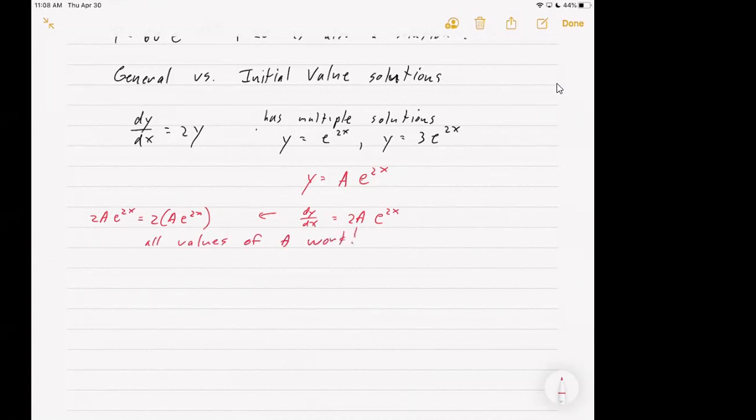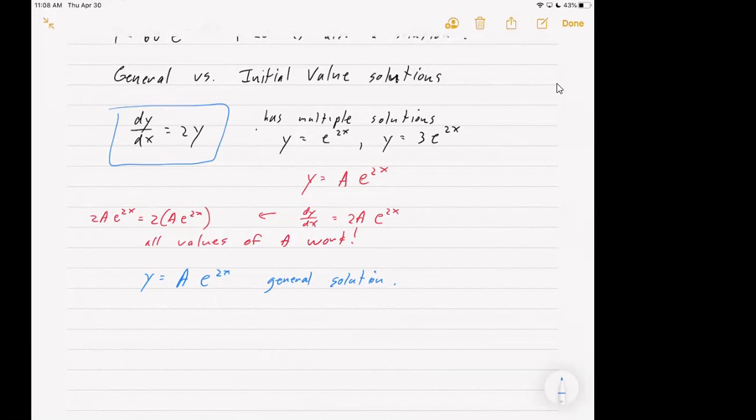Okay, now what does that mean? That means y equals a e to the 2x is called the general solution. You can put any number that you want in for a, and it will still make the differential equation dy/dx equals 2y true.